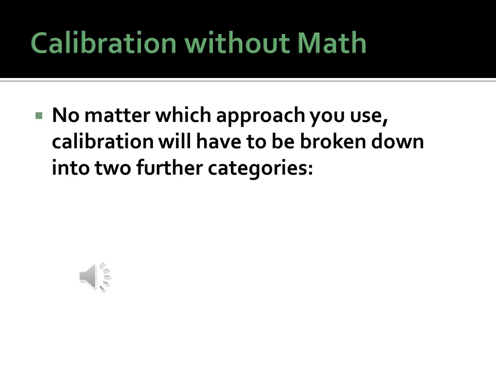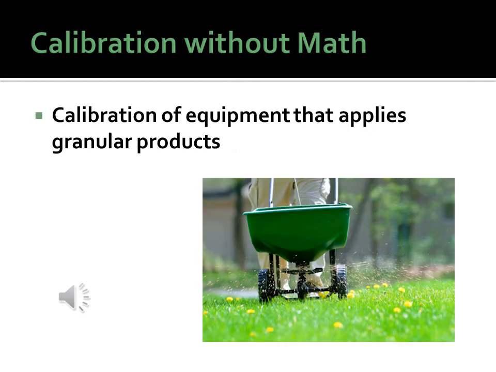All right, and no matter which approach you use, calibration will have to be broken down into 2 further categories. The 2 categories are calibration of equipment that applies granular products.